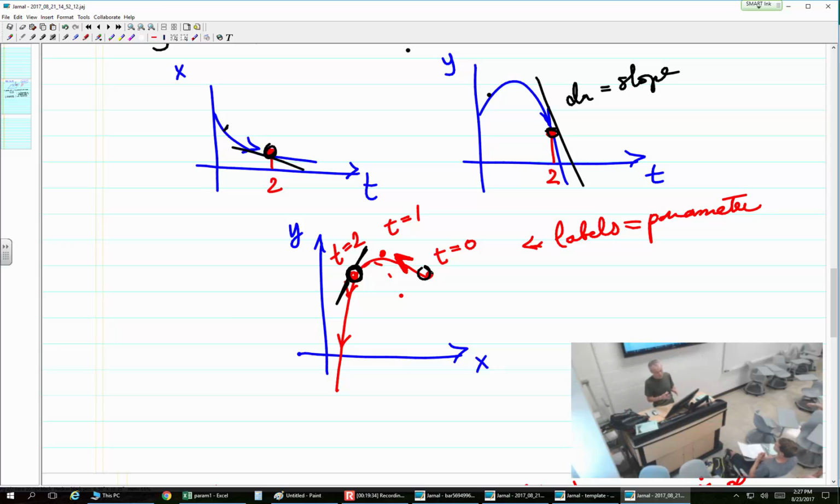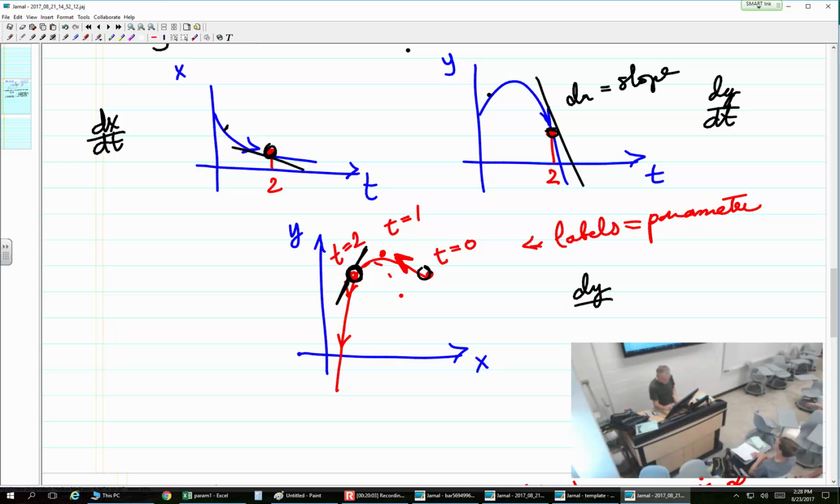So in other words, the two slopes are combined somehow to produce the new slope, and it is done not by adding or subtracting, but it appears to be multiplication, but in reality it is actually division. This one is dx/dt, this is dy/dt. And what's the third one? dy over dx.